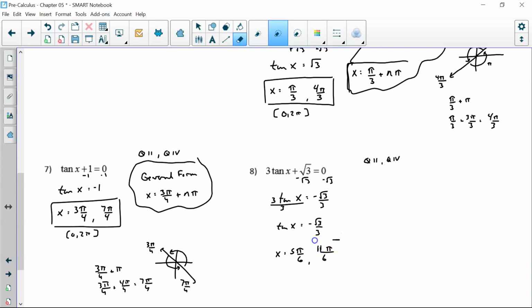Those are our two solutions from 0 to 2 pi. Now, general form.